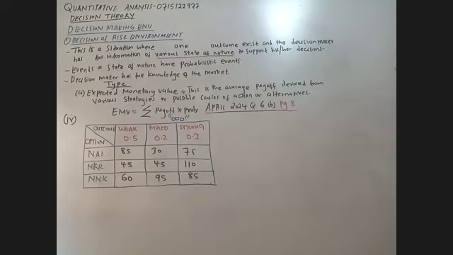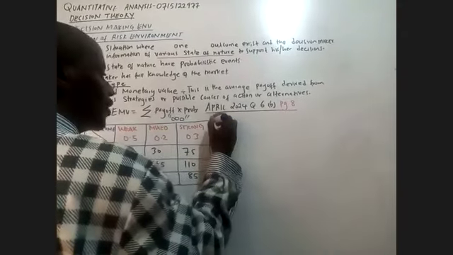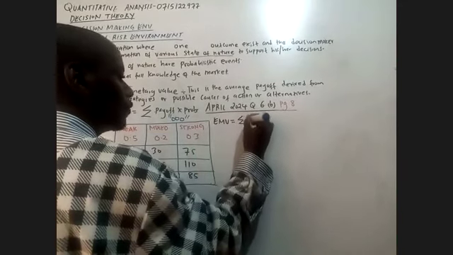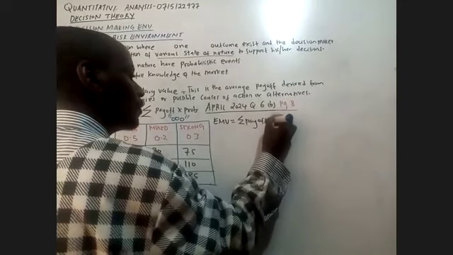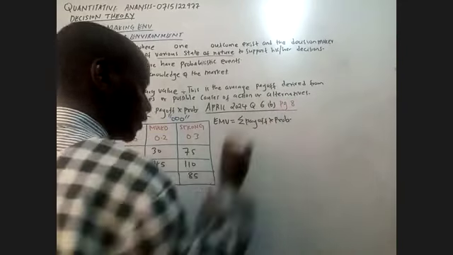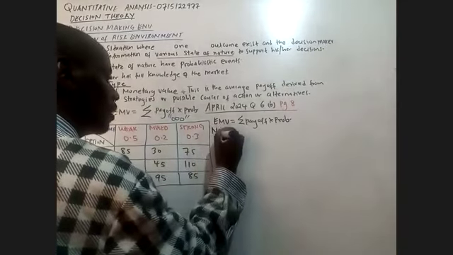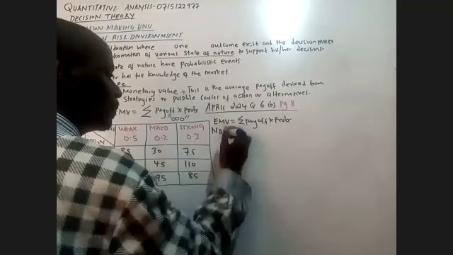Now let us do that question. First, we calculate the EMV. To make which choice? In this case, we shall use EMV. EMV is the summation of payoff times probability. So let us start with Nairobi.